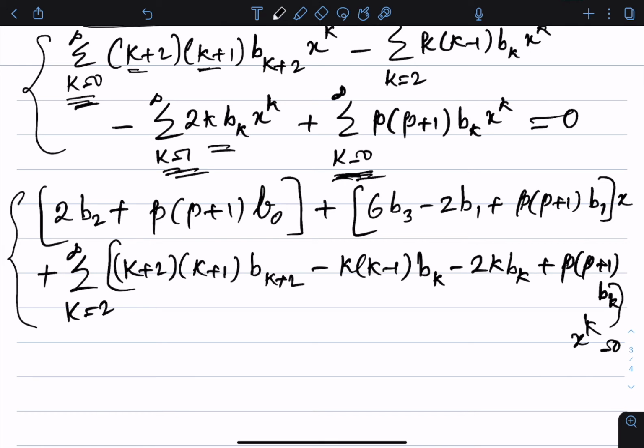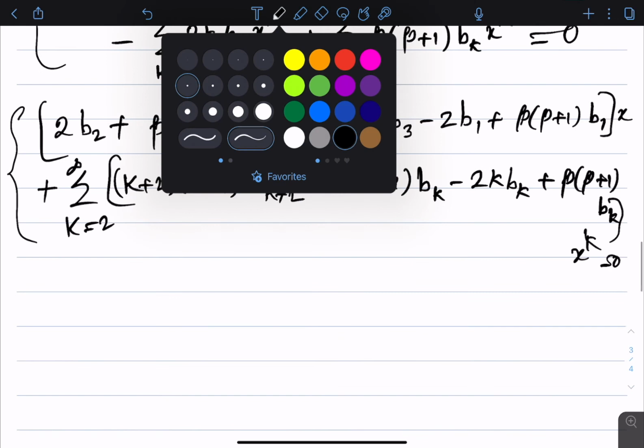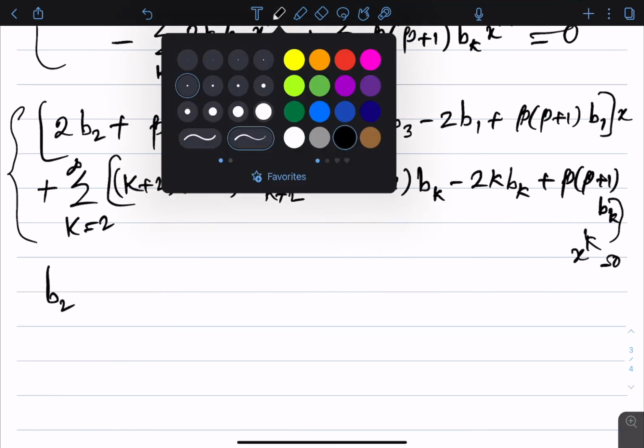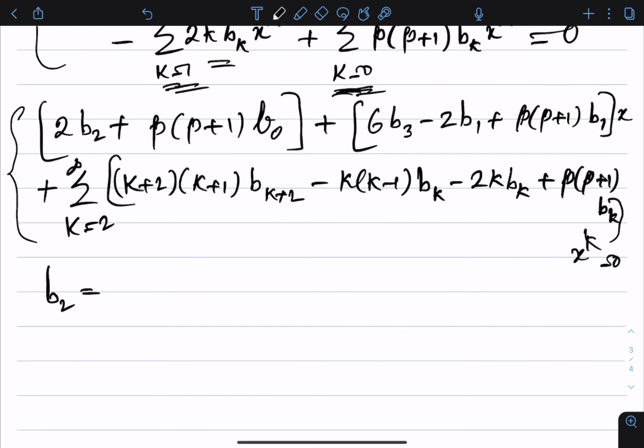Now you equate coefficients of like terms here, since the right hand side is 0. From the first term you get b2, which is minus p into p plus 1 by 2 b naught.